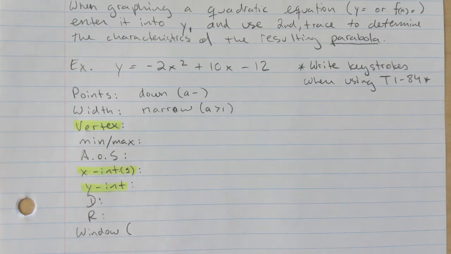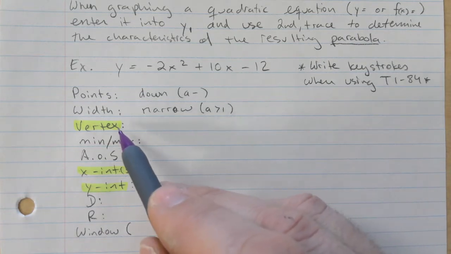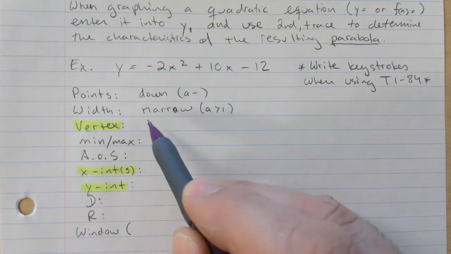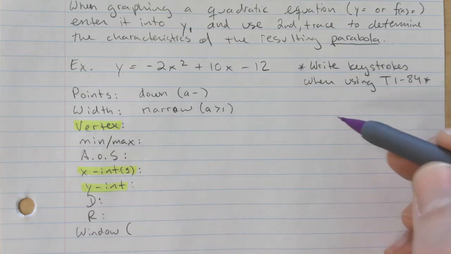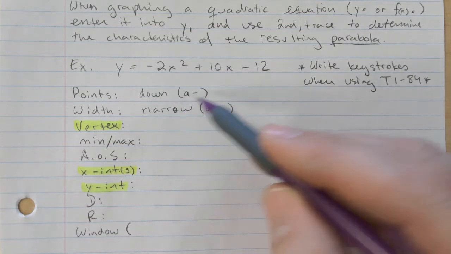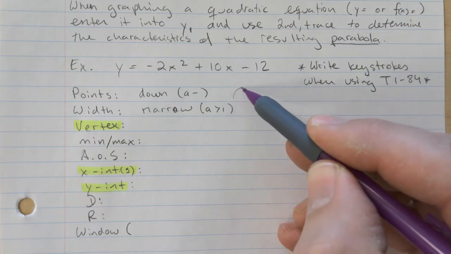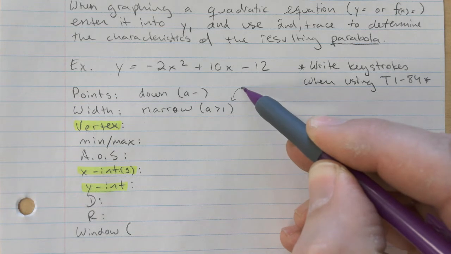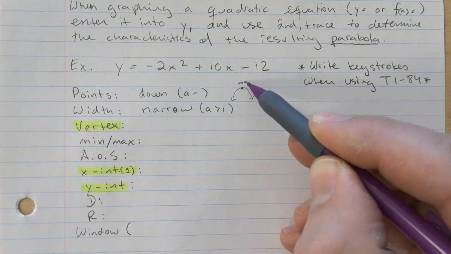So here's where you need to watch me do one or two examples, okay? You're going to have to use the calculator, because we know that this is going to be pointing down, so I'm going to do this for you here. Because of that, I know that I'm going to have a max, right?